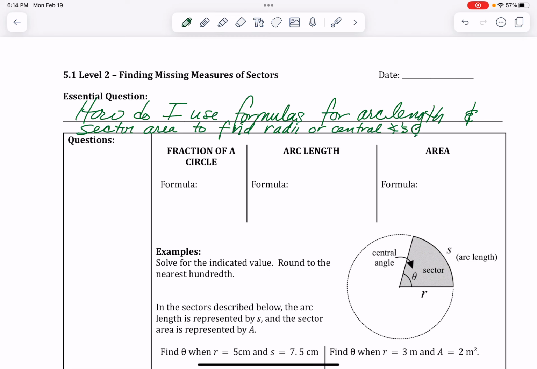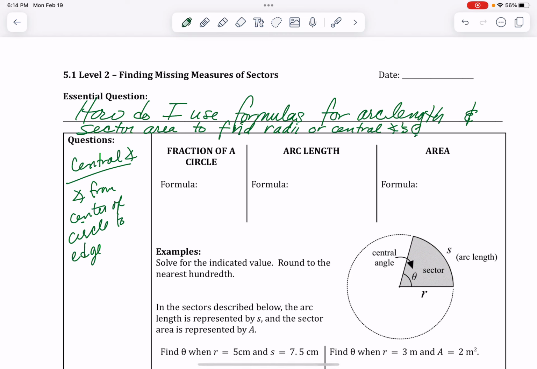So a central angle is an angle from the center of the circle to the edge.